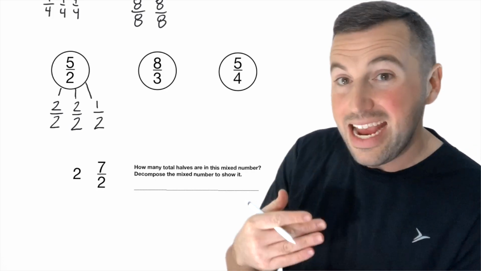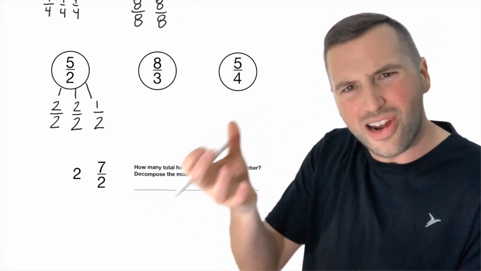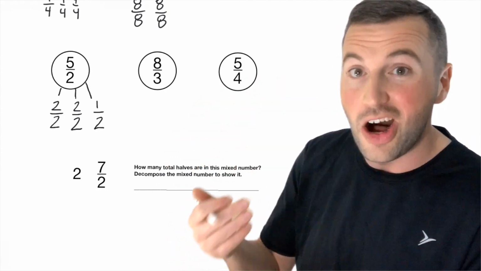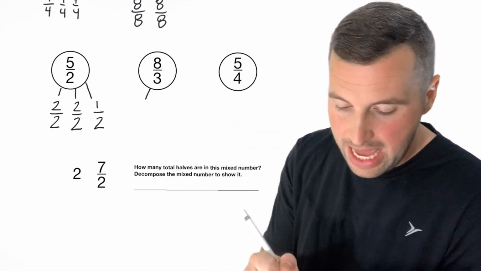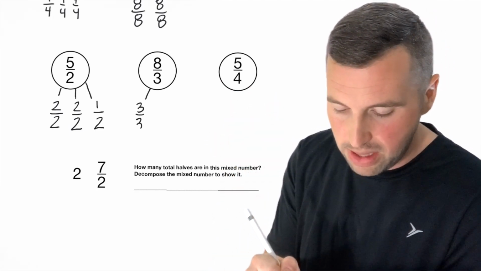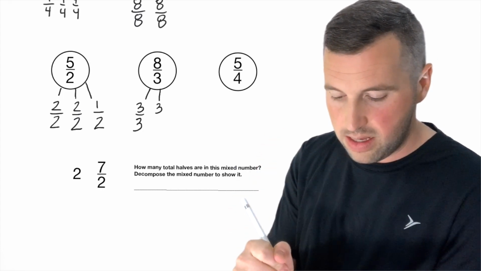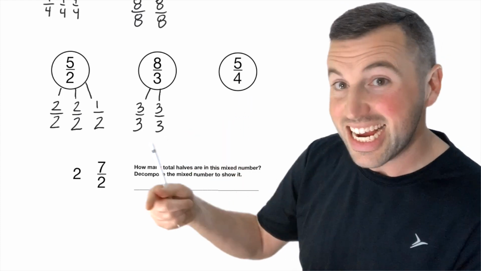Okay, let's look at 8 thirds. My question is, how many wholes are in 8 thirds? Can you pull those out? Okay, so what's a whole? A whole is 3 over 3. Okay, so I'm going to see how many 3 over 3s I can pull out. There's one 3 over 3. Another 3 over 3. So 3 thirds, 6 thirds.